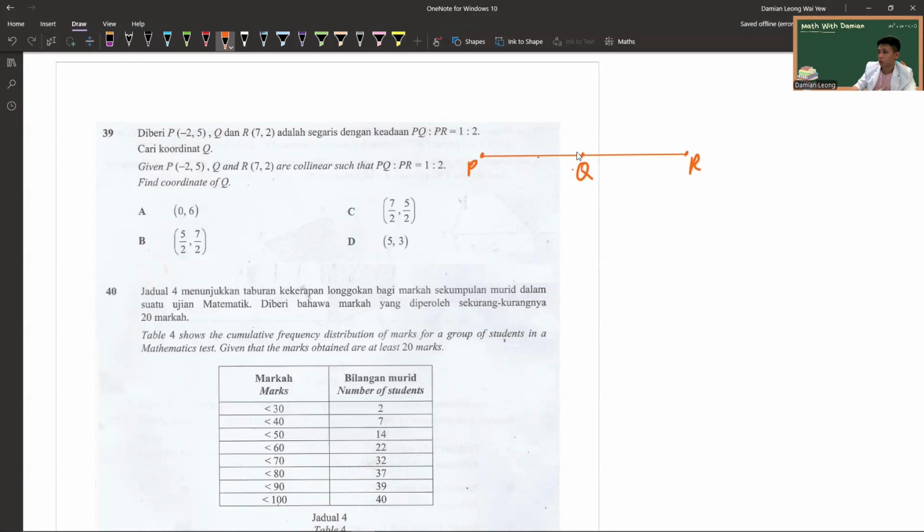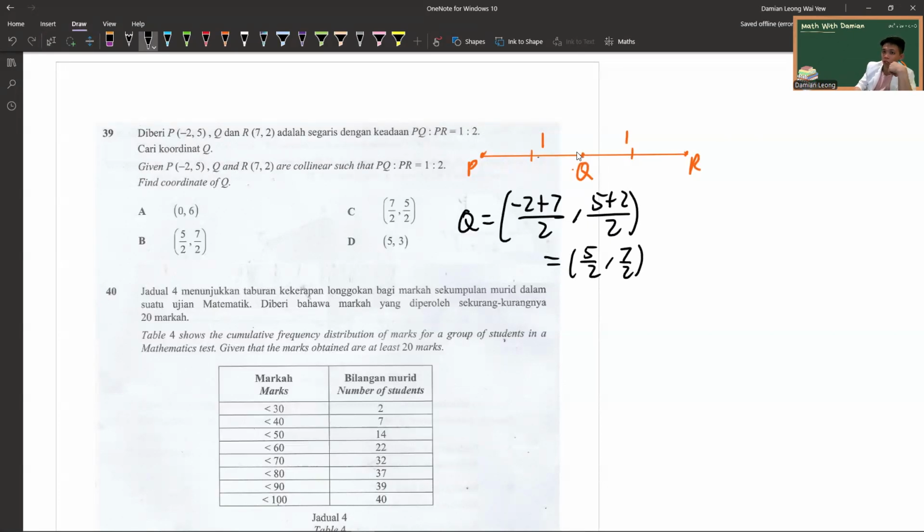Means if PQ is 1, PR is 2, means QR would be 1 as well. Means basically it's just the midpoint. They are phrasing it differently, but actually we are just finding the midpoint. So midpoint should be simple. Just add the x coordinates divided by 2, add the y coordinates divided by 2. So that gives us 5 over 2, 7 over 2, which answer would be B.